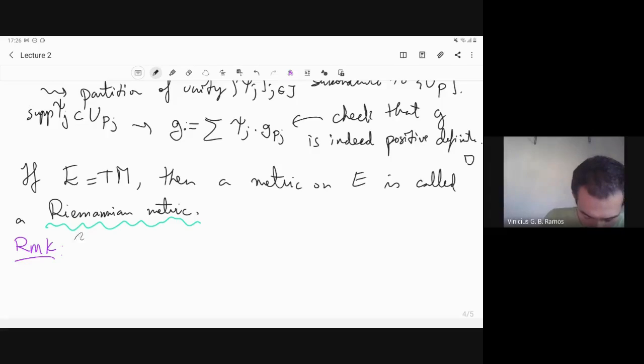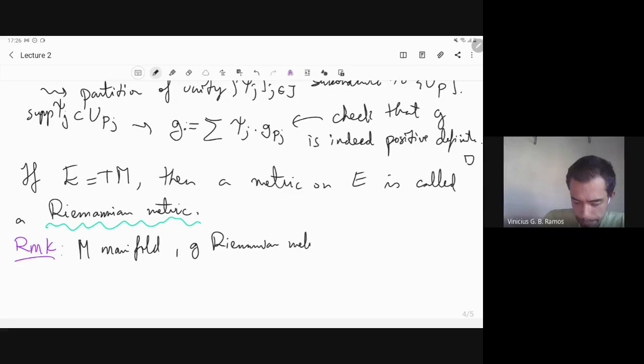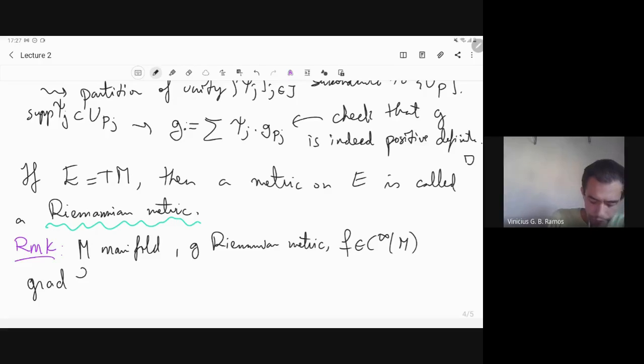So if M is a manifold, and you fix a Riemannian metric, and you pick a function, then you can define a gradient vector field.